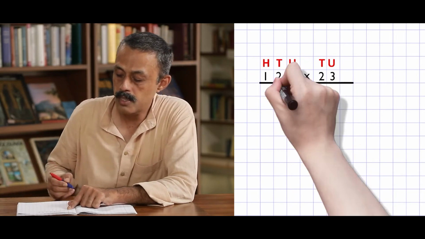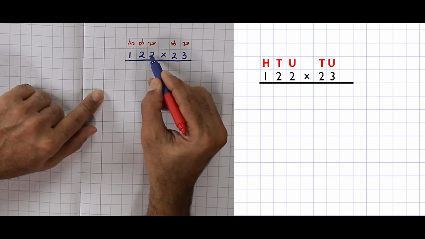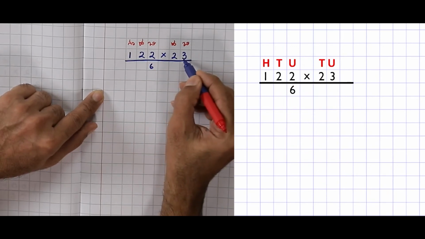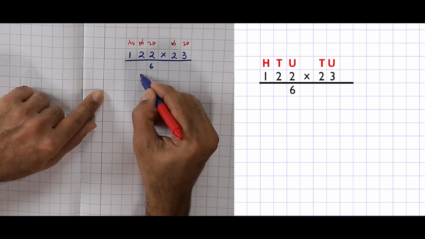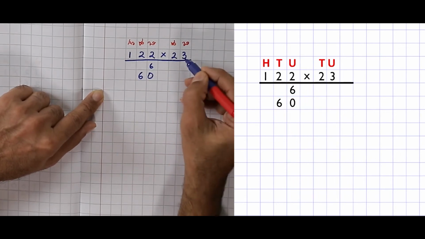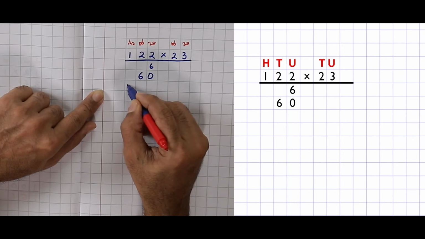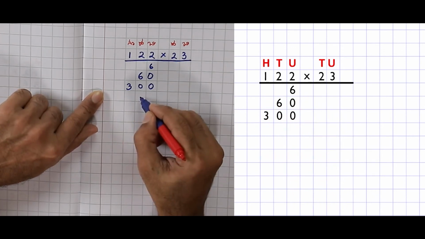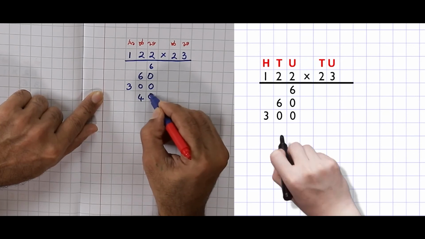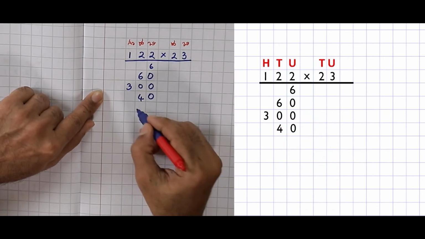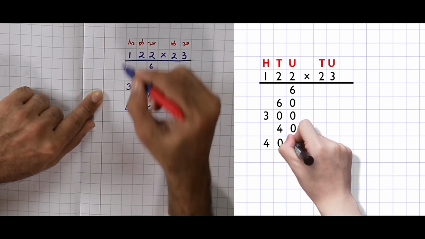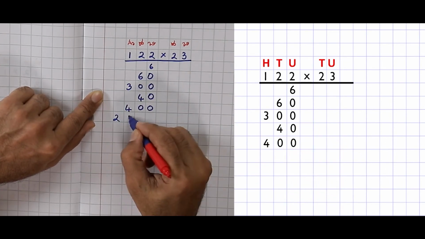First, we multiply the units to units. 3 2s are 6. Units to tens. 3 into 20 is 60. 3 into 100 is 300. 20 into 2, 40. 20 into 20 is 400. 20 into 100 is 2000.